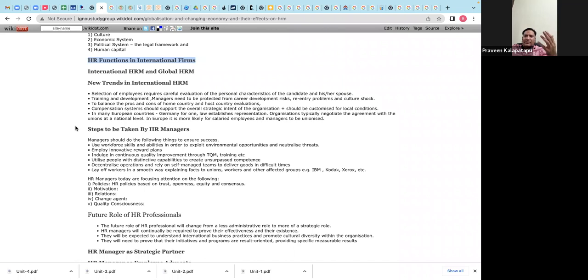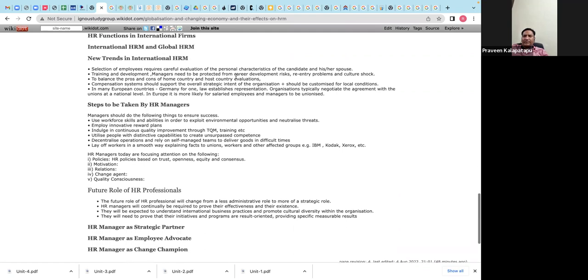That is what international HRM is: bringing the people or human resources, whatever is required, across borders. Whereas global HRM is really about managing the globalization aspect of HR. All the cultural differences that we talked about are something which global HRM has as a role. So that is about international HRM and global HRM.